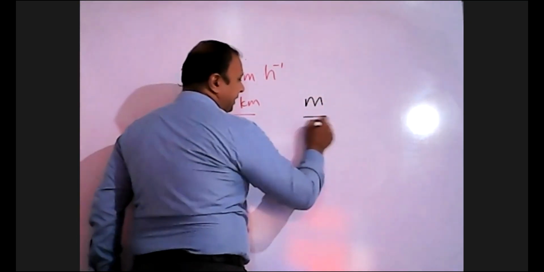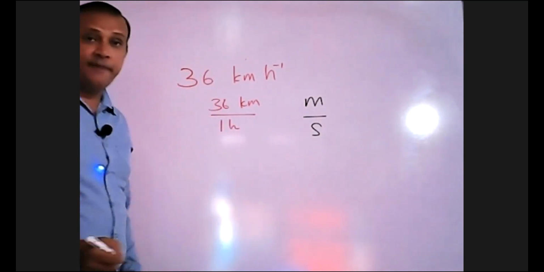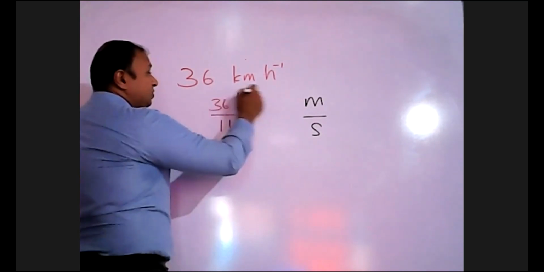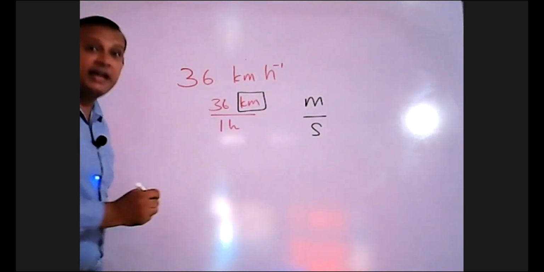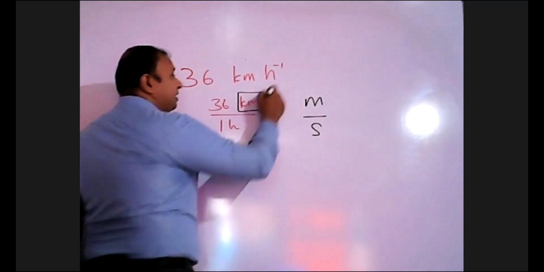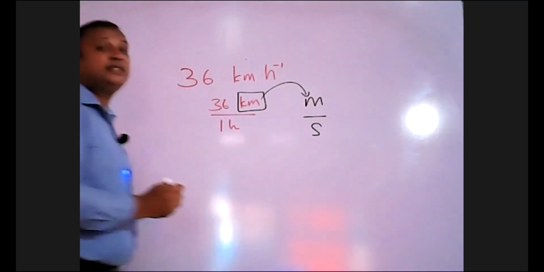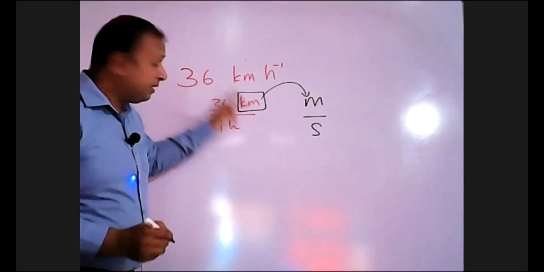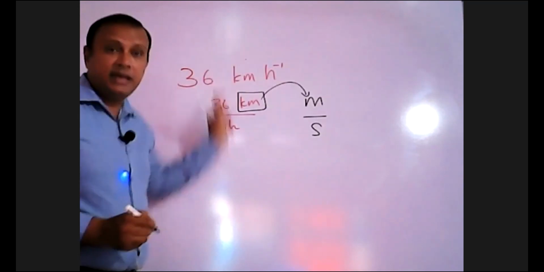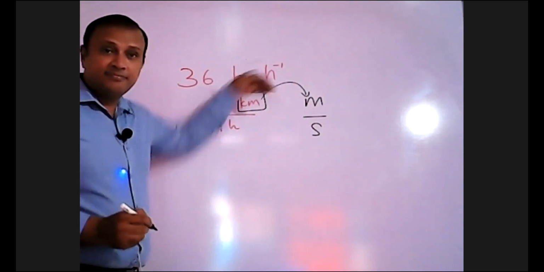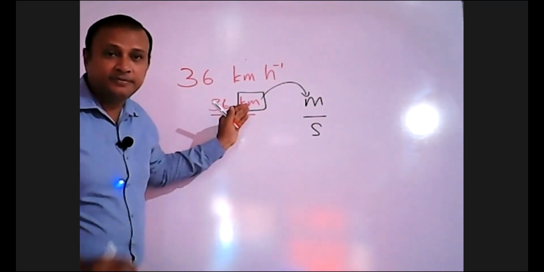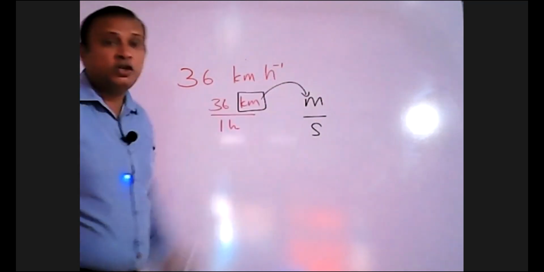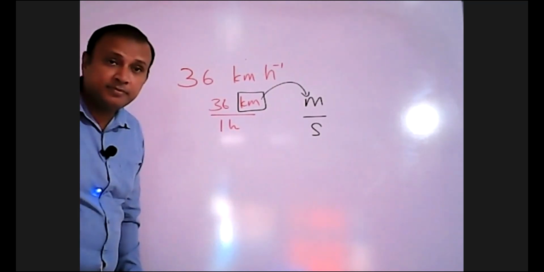Meter seconds. How to do that? Now there is a large scale, and it should be converted into a small scale. If you want to convert a large scale into a small scale, how to do that?